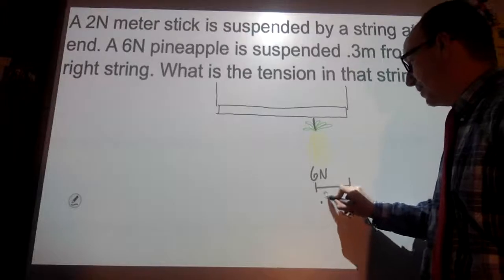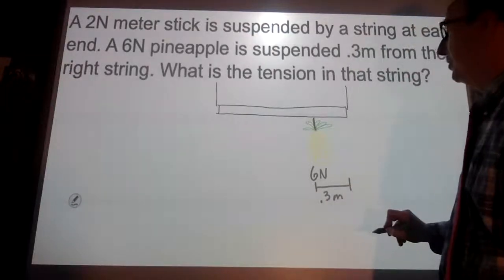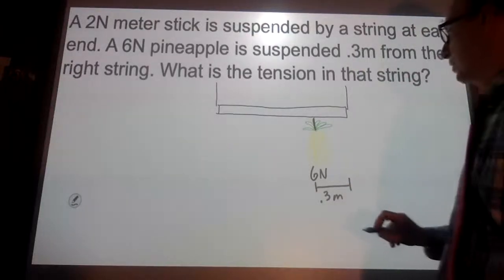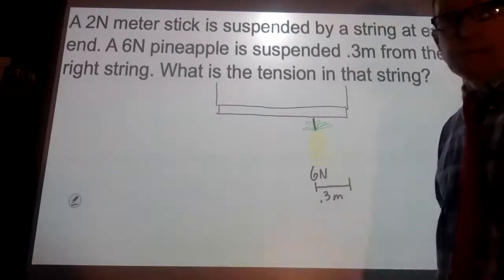Its distance from there to there is 0.3 meters. So it is a force that's going down.